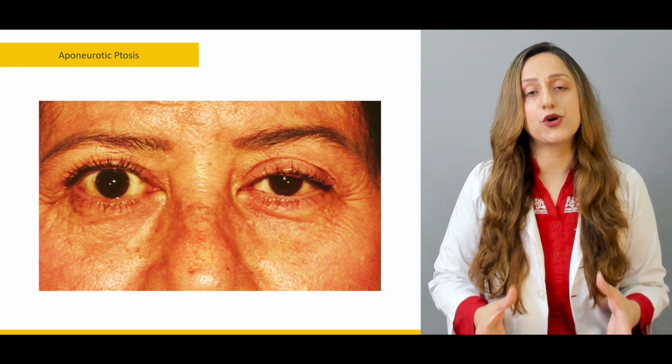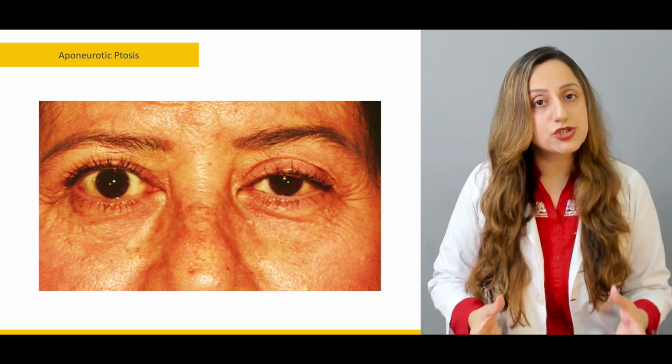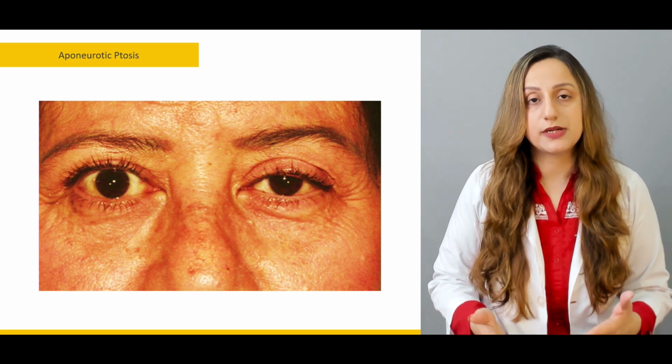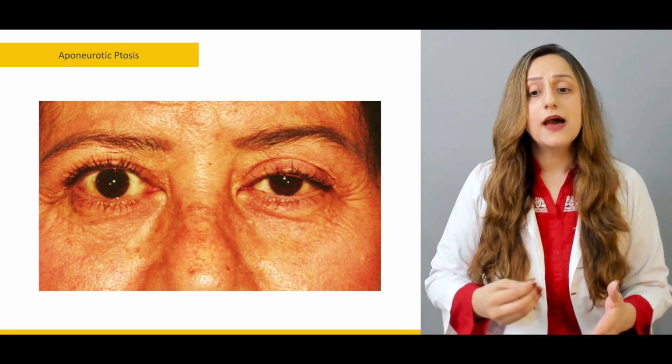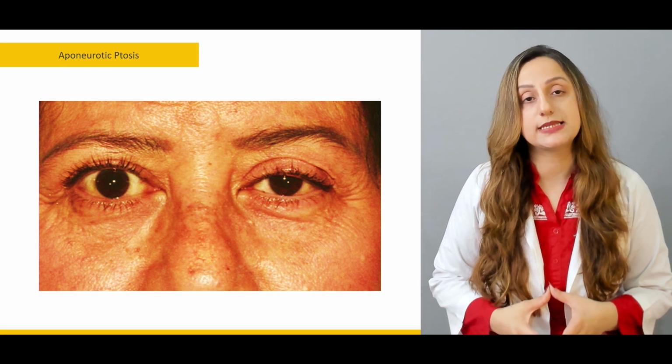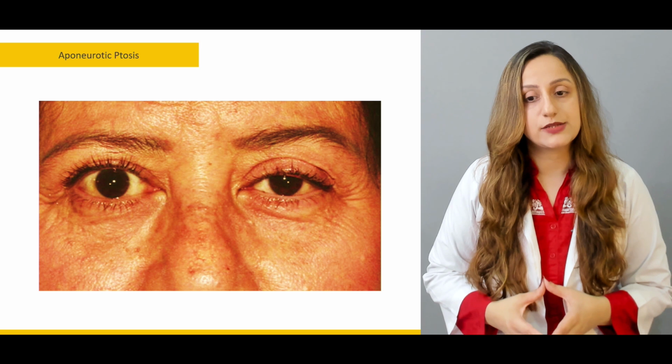Now, why is it important to treat these patients, and what are the surgeries that are performed for these patients? That will be discussed. But first of all, one should know what the aims and objectives of these treatments are.